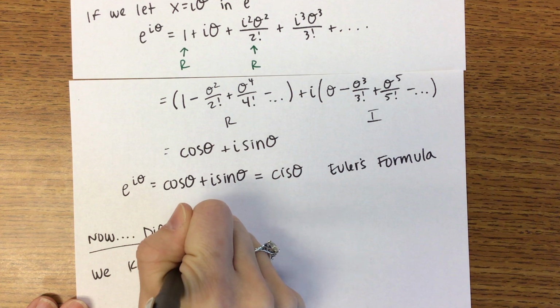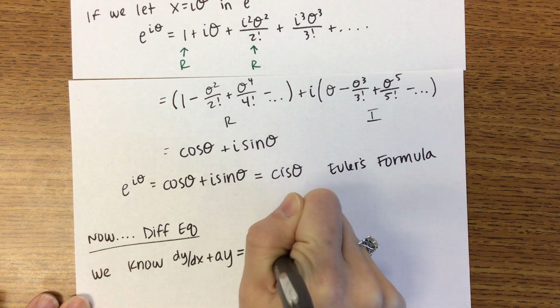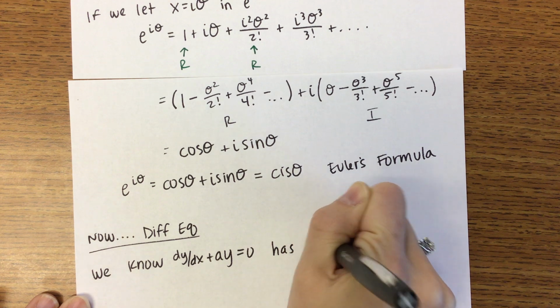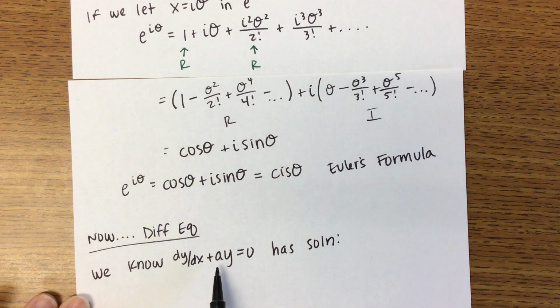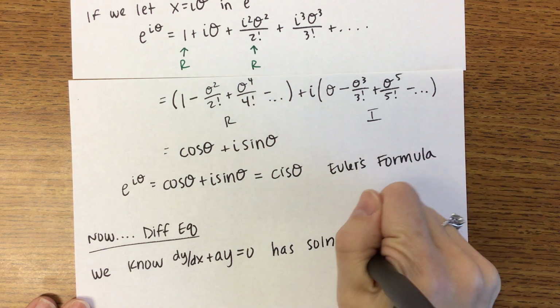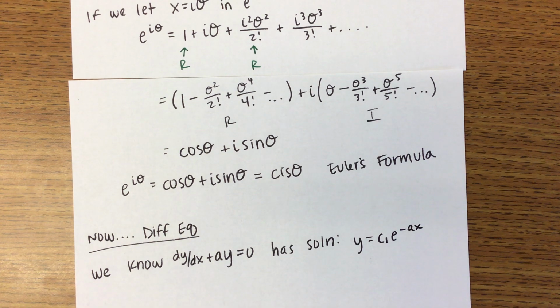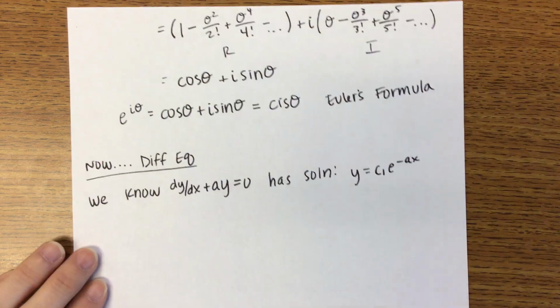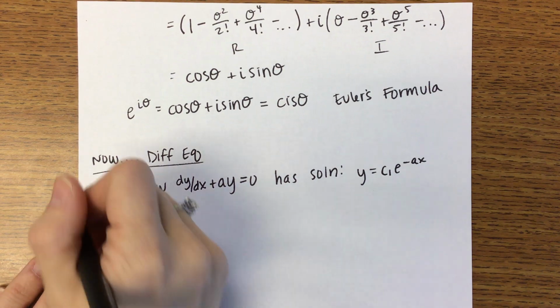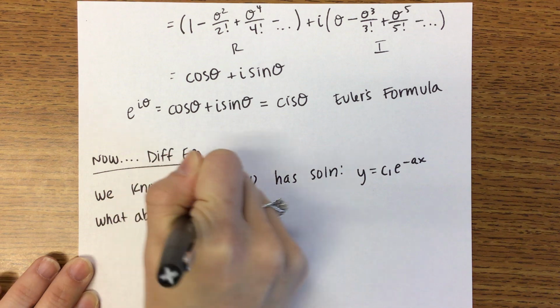So we know dy/dx plus ay equals 0 has the following solution. You all could solve this. We're not going to go through and solve it, but if you did, you would find that y is equal to c1 e to the negative ax. So the question that arises then is, what about higher order equations?